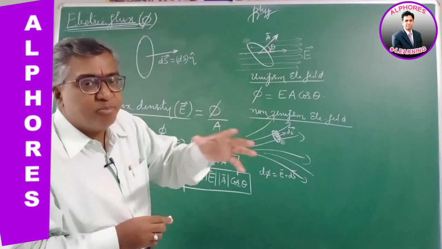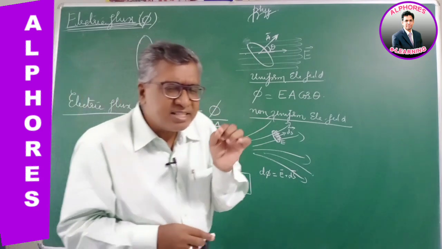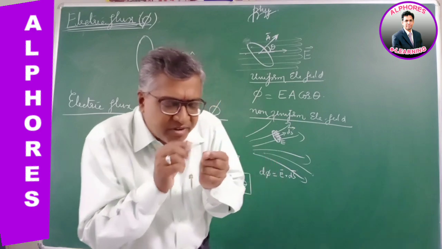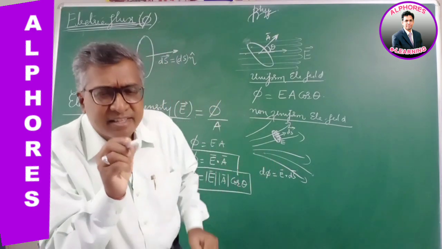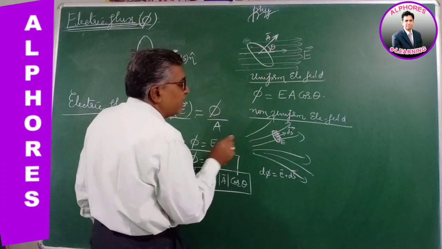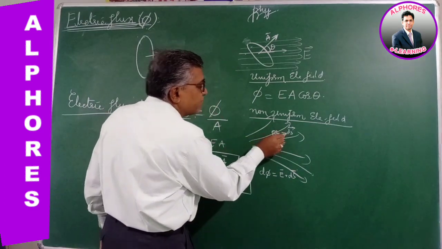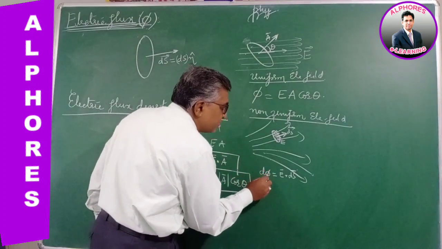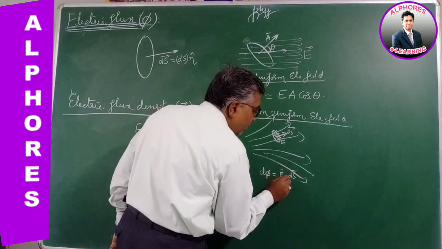It differs from point to point. So consider a small area element ds, over which at all the points the electric field is almost constant. The direction normally away from it is ds. Then the small measure of the number of lines of force, d phi, is E dot ds.